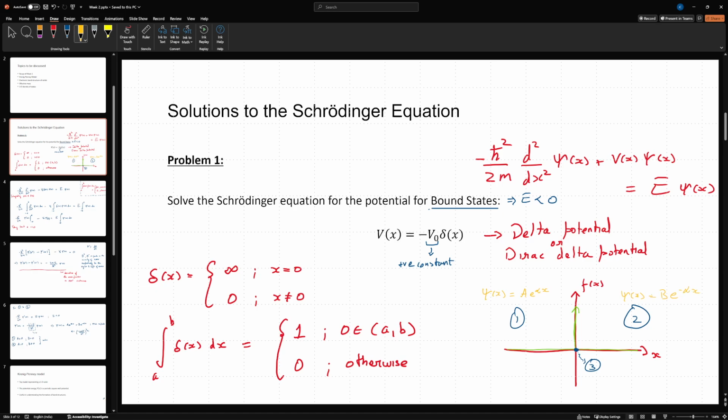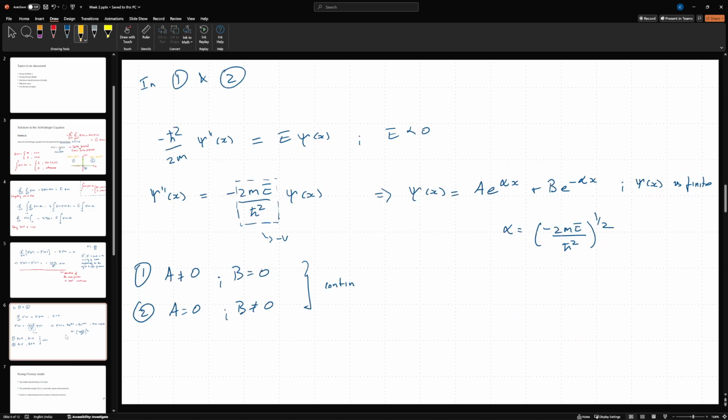Now, as x tends to 0, this function will tend to b. As x tends to 0, this function will tend to a. And at x equal to 0, both of these values need to match. The left limit and the right limit should converge. So that is essentially what I'm writing here. Continuity at x equal to 0 implies a is equal to b.